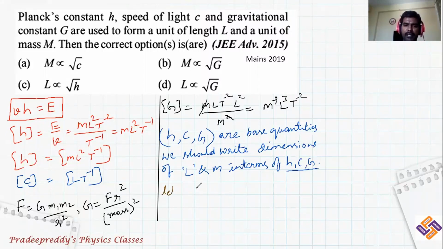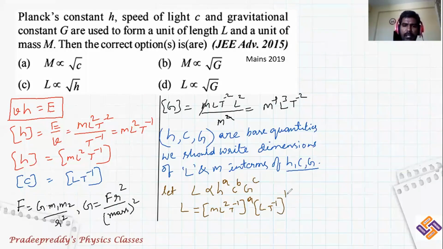Let L be proportional to H power A, C power B, G power C. I do not know on what factors L is depending, so I will simply write L is directly proportional to H raised to some power A, C raised to some power B, and G raised to power C. Now H is Planck's constant, I should write down its dimension: M L square T power minus 1 raised to power A. C is L T power minus 1 raised to power B. And G is M power minus 1 L cube T power minus 2 raised to power C.